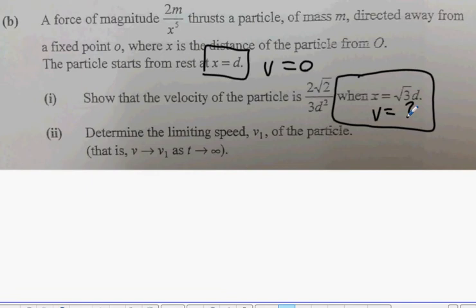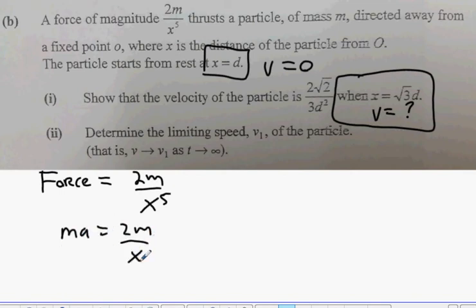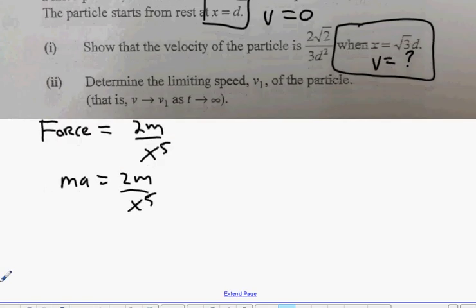Okay, you always have a choice, okay? So you go force equals 2m over x^5. Force is ma. ma equals 2m over x^5. Technically speaking, a equals 2 over x^5. Okay, there's two ways you can write down acceleration.